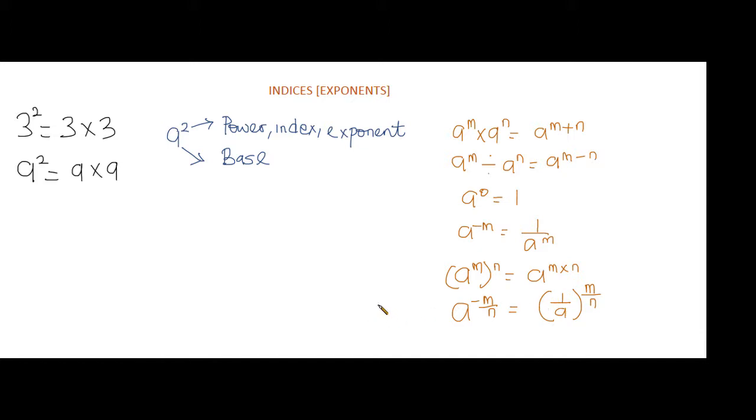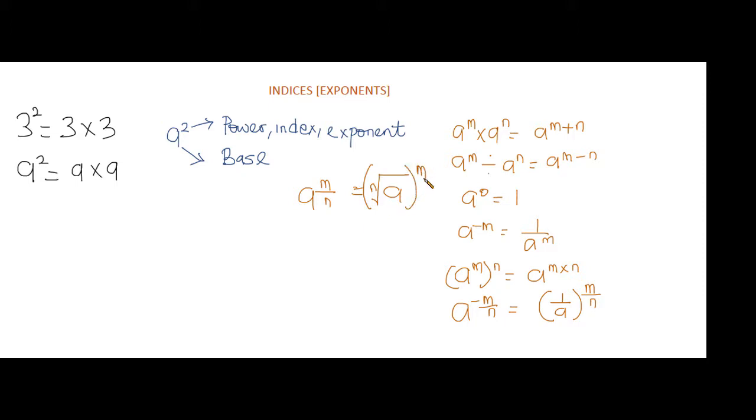We also have, let me continue the law here, a raised to the power of m over n. This is like the concluding part of this. This is equals to the nth root of a, all raised to power of m.